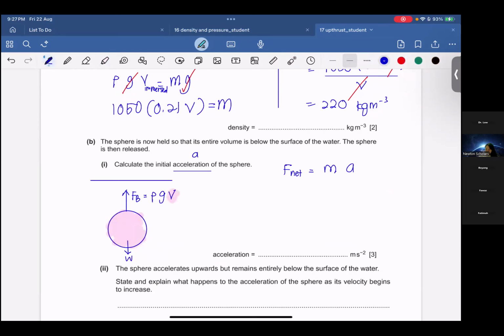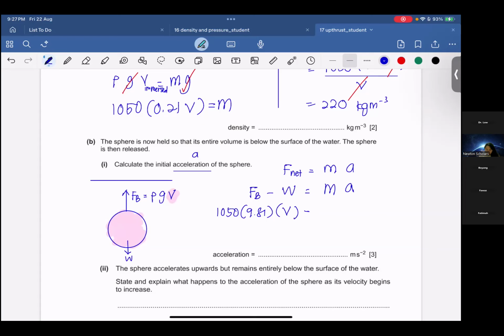So here, the net force should be buoyant force minus the weight. The buoyant force has already increased because it is fully immersed, equals ma. Buoyant force is rho, 1050, 9.81, and the V here, because fully immersed, we write V, minus the weight.